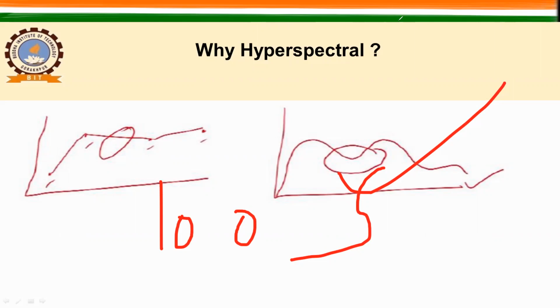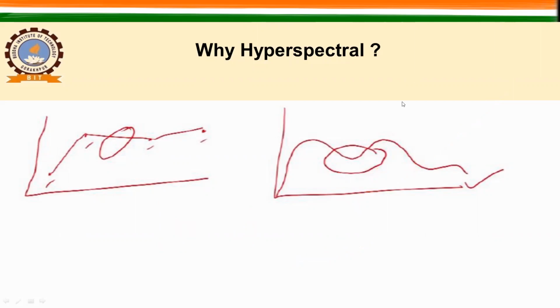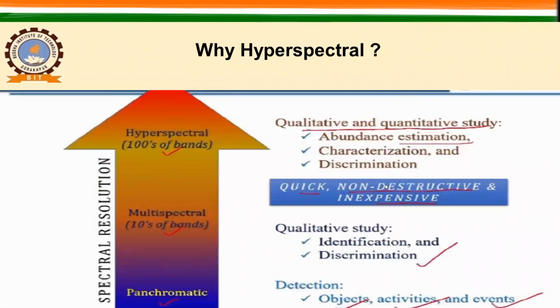So let us see what advantage we have when we are using hyperspectral compared to multispectral and panchromatic. So we started with panchromatic, then we moved to multispectral, then we moved to hyperspectral. In panchromatic you have only one band.